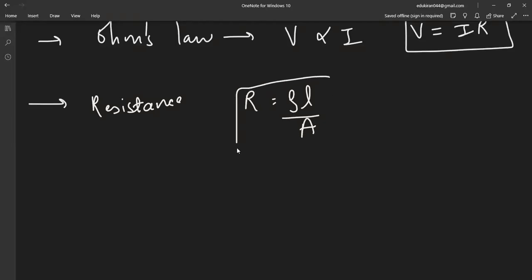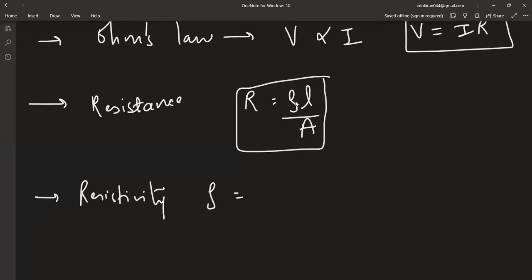So we have this formula also, resistance is equal to rho L by A, correct? Now see, inverse of resistance, you have the concept of resistivity. Just opposite to it, resistivity is this rho, that is RA by L. SI unit will be ohm meter because its SI unit is ohm.